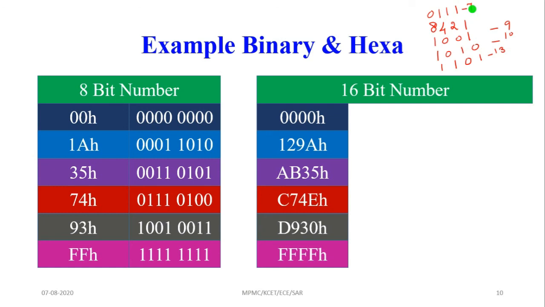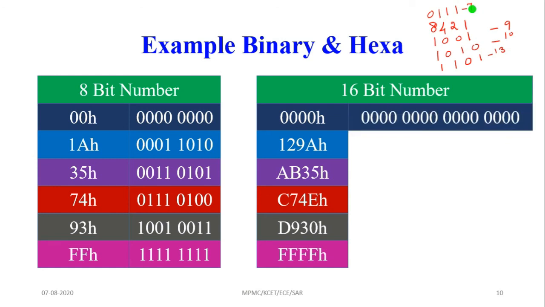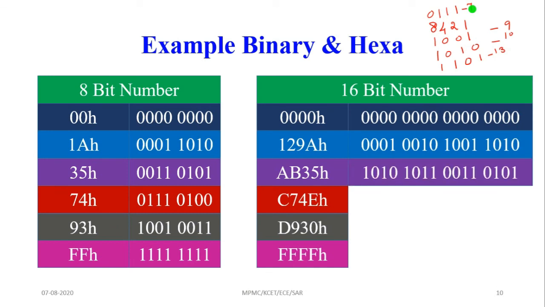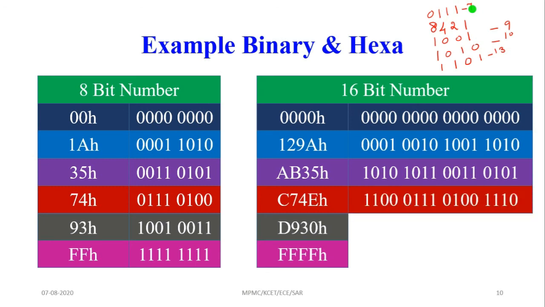Now we are going to find the 16-bit number. It can be represented by a 4-digit hexadecimal number, such as 0000, 129A, B35A, C74E and D930.